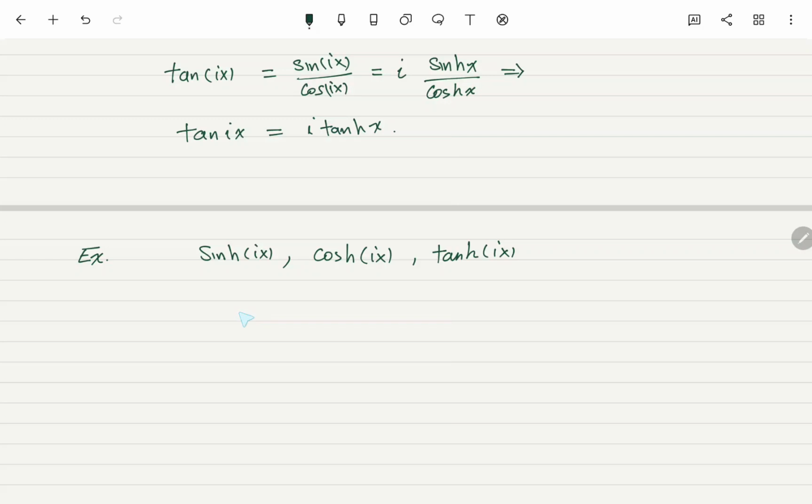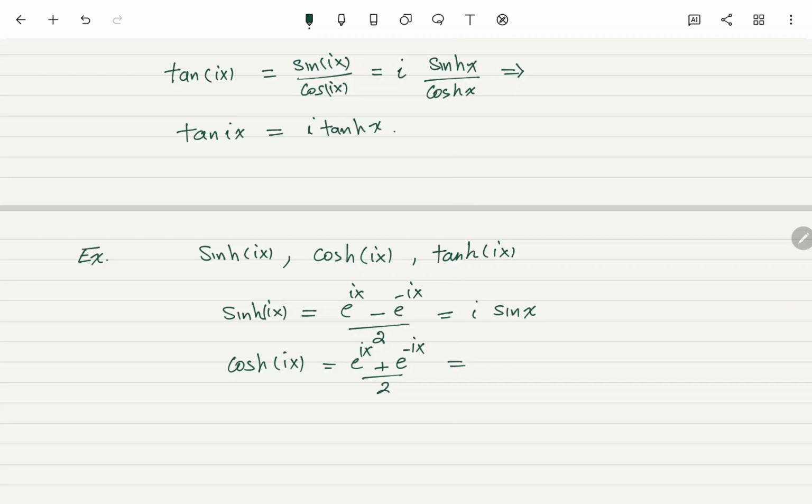Now let's start with sine hyperbolic ix equal to (e to ix minus e to minus ix) over 2, and this is actually the definition of i sine x, and cosine hyperbolic ix equal to (e to ix plus e to minus ix) over 2, and this is the definition of cosine x.